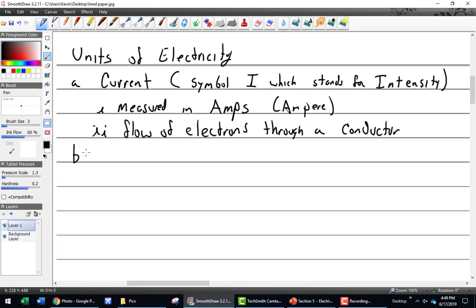All right. Now we got voltage. It has a symbol of E. It stands for Electromotive Force.